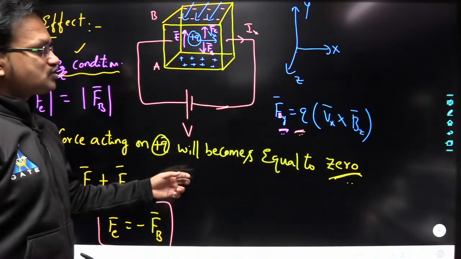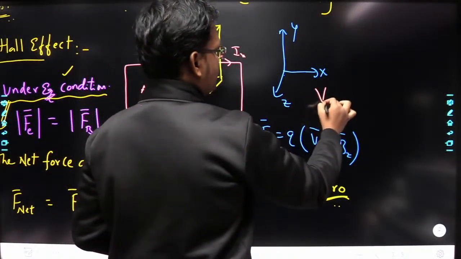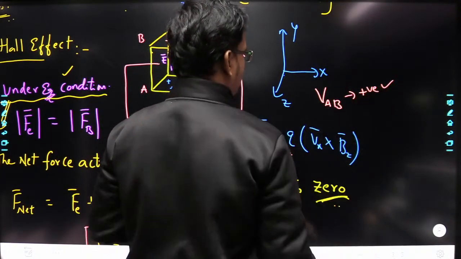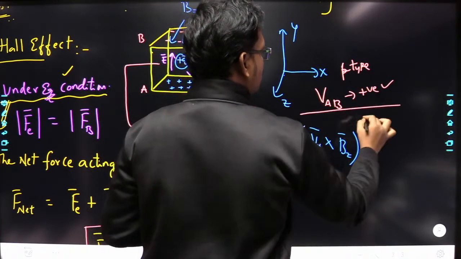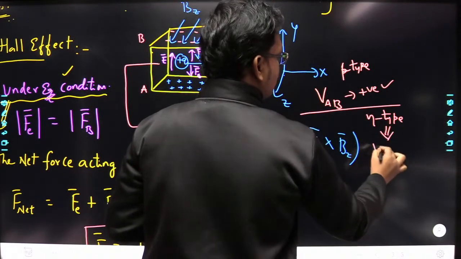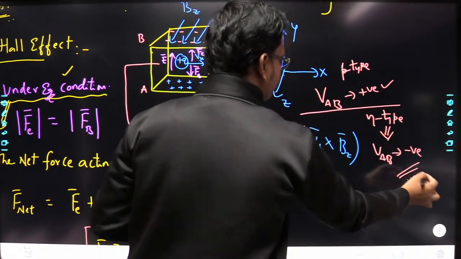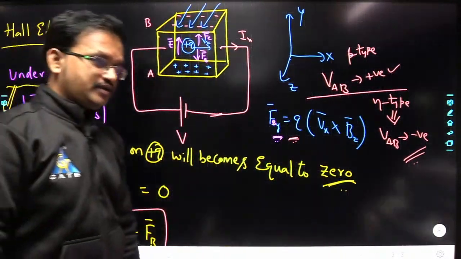Understood? We have seen that if it is p-type, VAB will be positive, and if it is n-type, VAB will become negative.